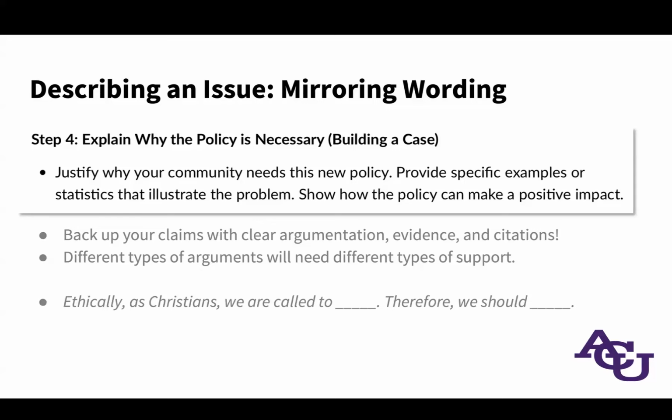Now, because Abilene Christian University is a religious institution, and because many people are as well, you could be writing for an audience where that is an important factor. And so you can make an ethical argument as Christians and refer to things like scripture. You could refer to statements from religious entities. So, for example, if you were Catholic, you could refer to the National Conference of Catholic Bishops statements.